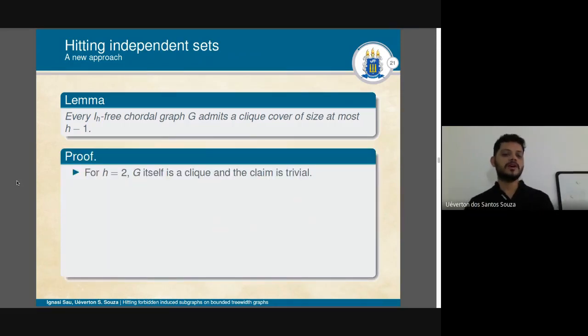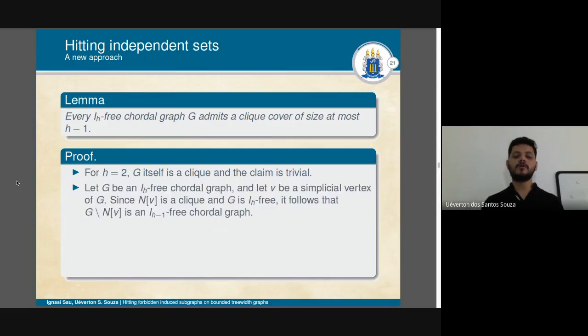So for h equal 2, the problem is trivial, because graphs free of independent sets of size 2 are cliques, and the cliques are contained in a bag after the decomposition of the graph. So now, suppose the graph is chordal and free of an independent set of size h greater than 2.